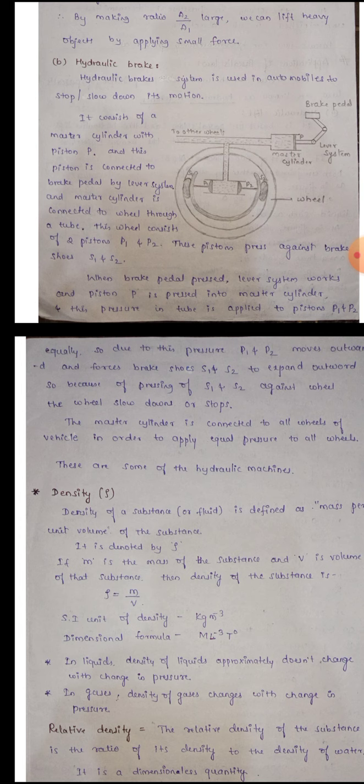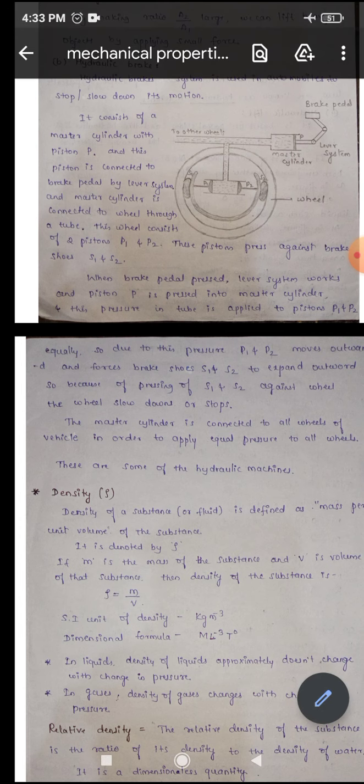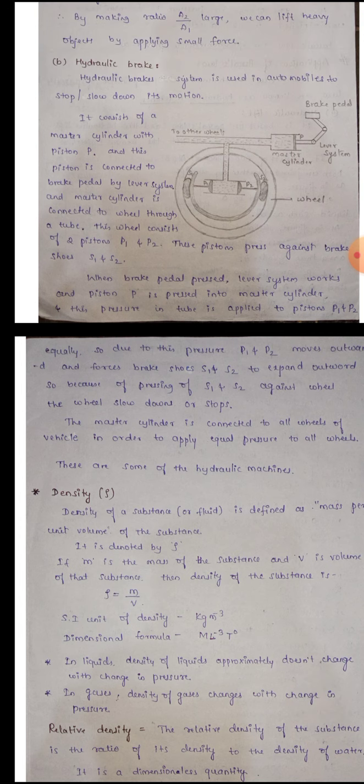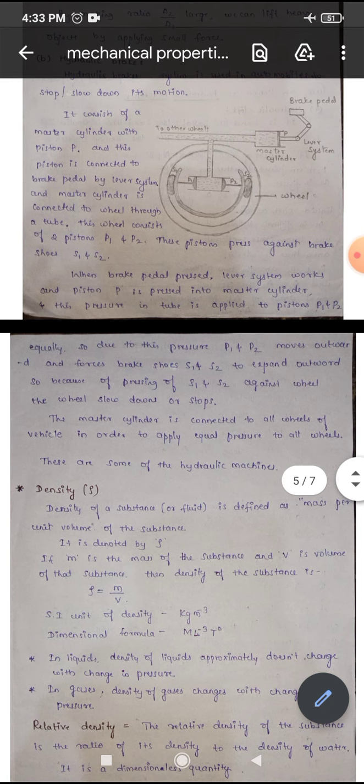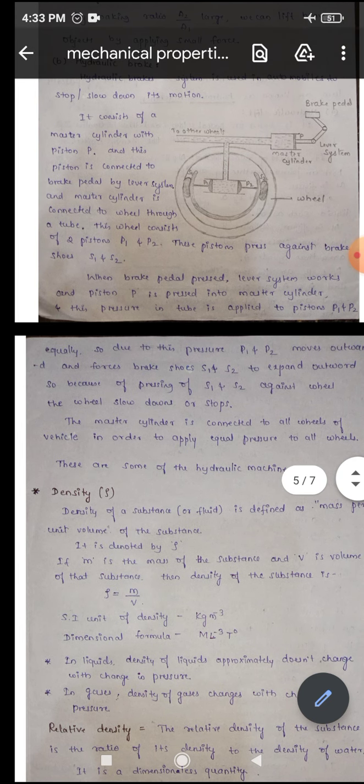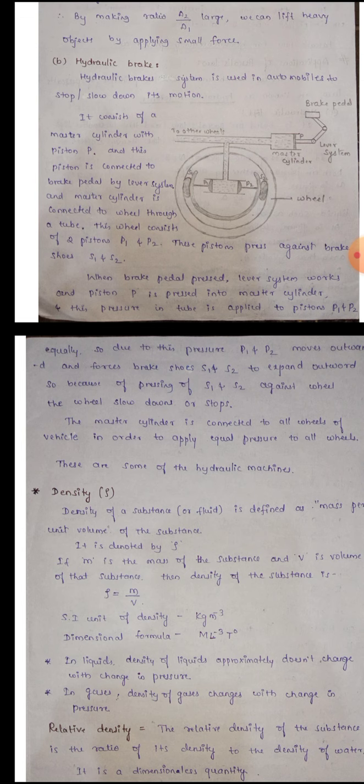When the brake pedal is pressed, the lever system works, and the piston is pushed inside the master cylinder, so the fluid in the tube experiences certain pressure. By that pressure, the pistons P1 and P2 move in the outward direction.